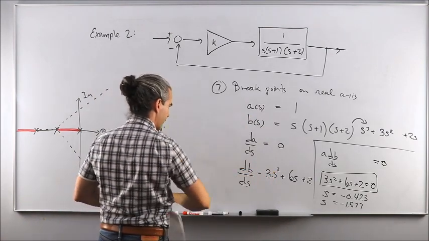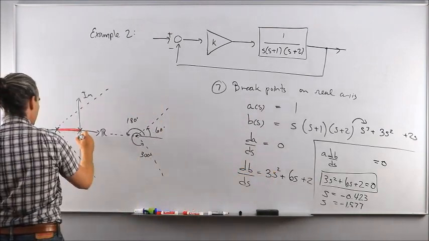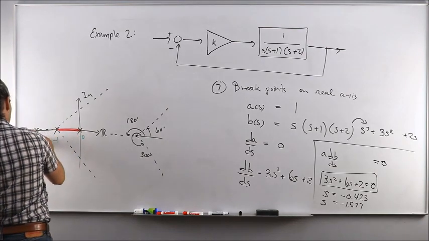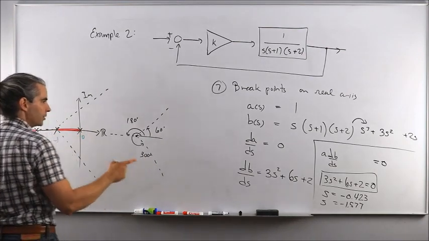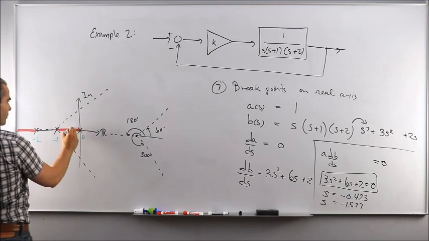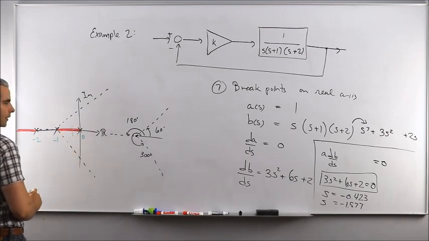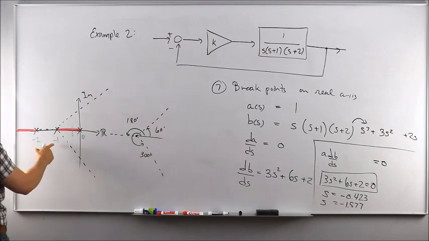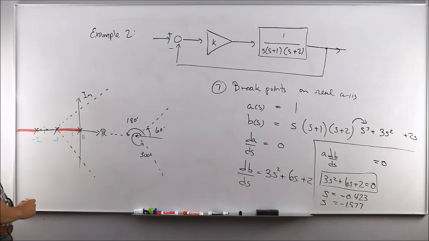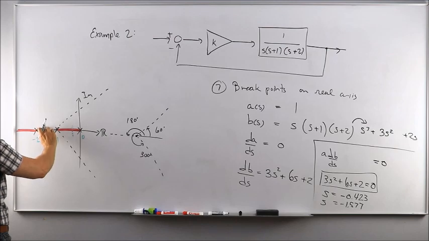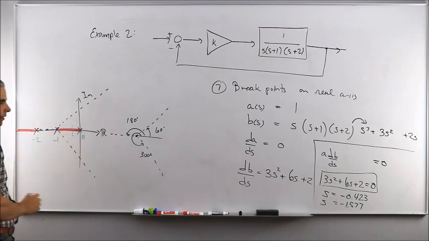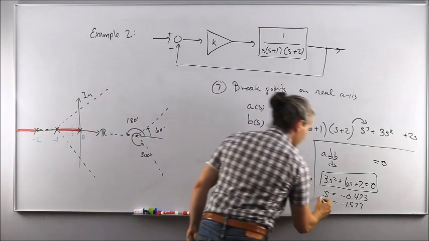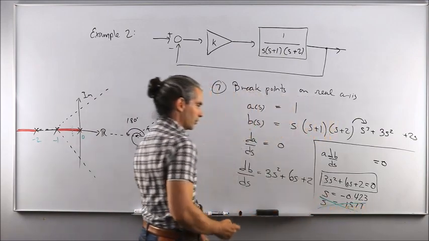One at minus 0.4, this is 0, minus 1, minus 2. The first one is at minus 0.423, so somewhere in the middle here. Okay? But the second one, look, minus 1.5, lying between that pole and that pole. But we know that there's no root locus between those last two poles. So that breakpoint is not eligible because it doesn't lie in our root locus.